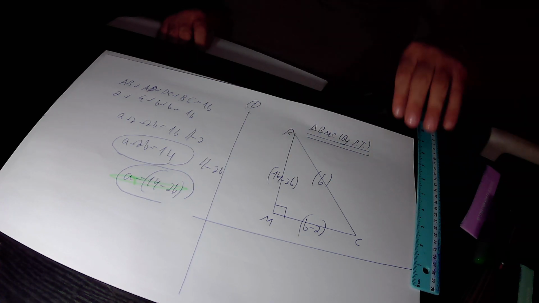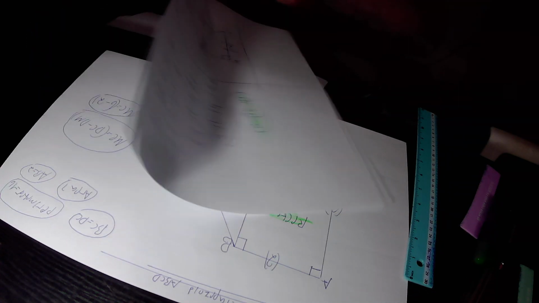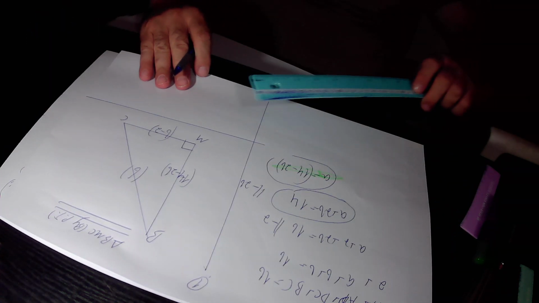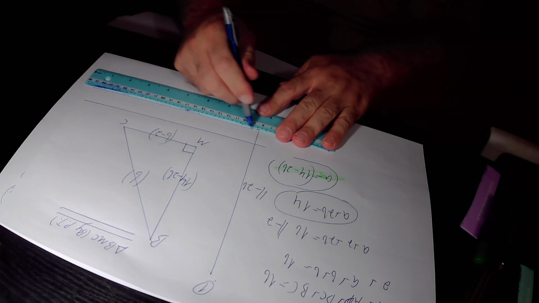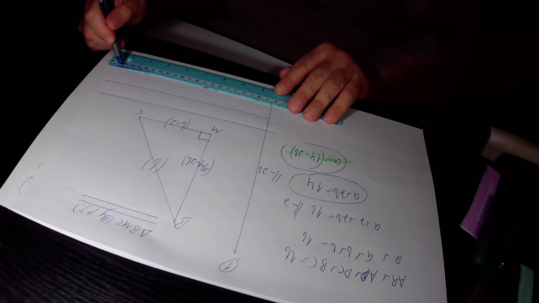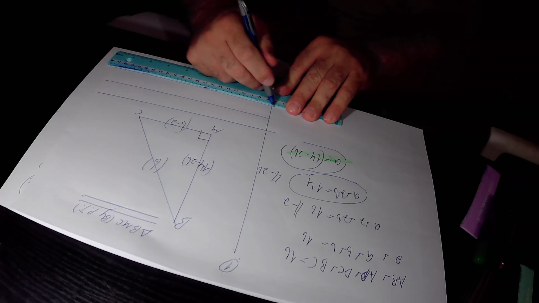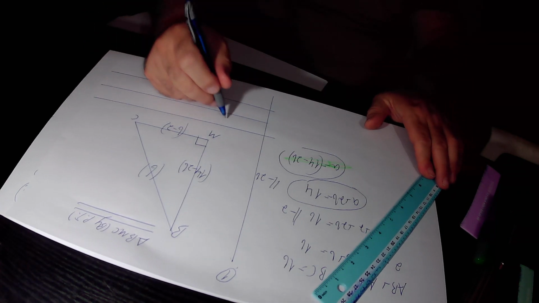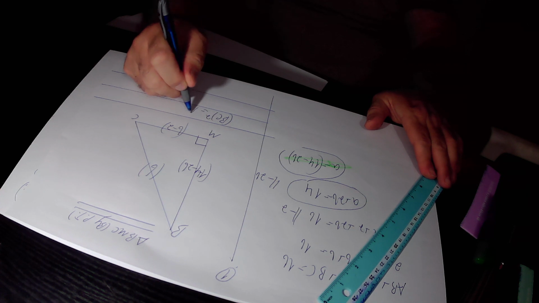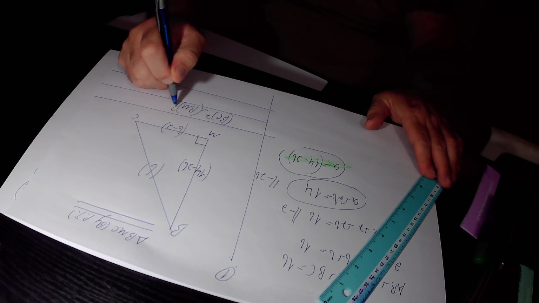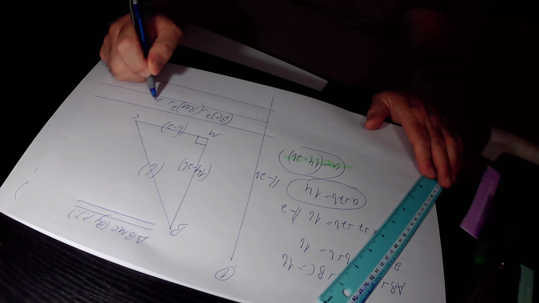So I write it down. BC squared is equal to BM squared plus MC squared.